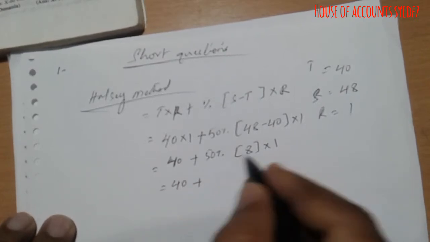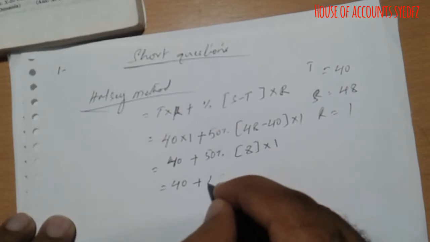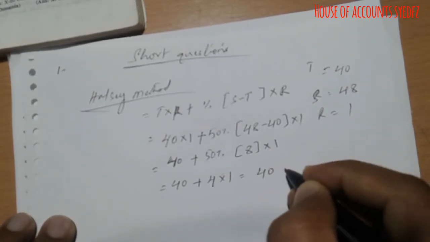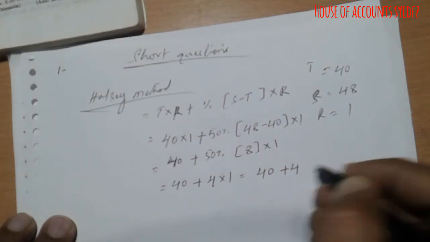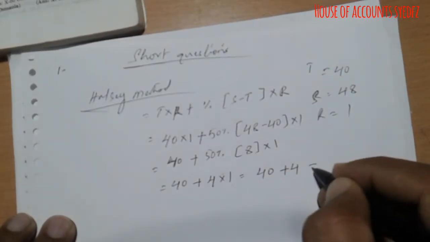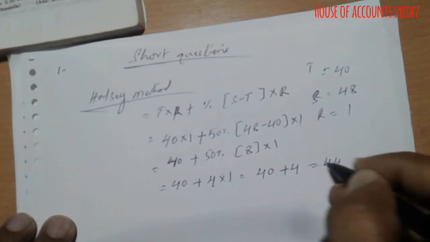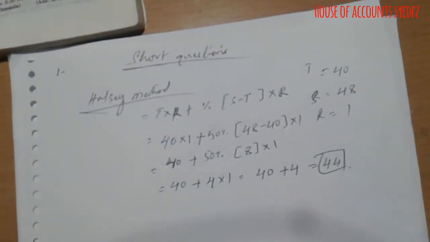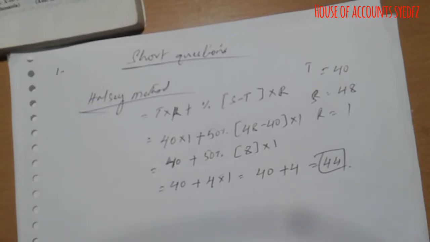Then 50% of 8 means 4, into 1 is 4. So this is 40 plus 4, total 44. 44 will be the bonus or incentive by Halsey.